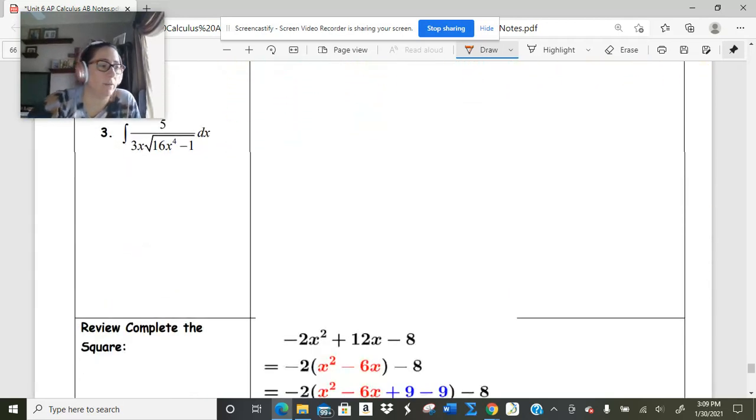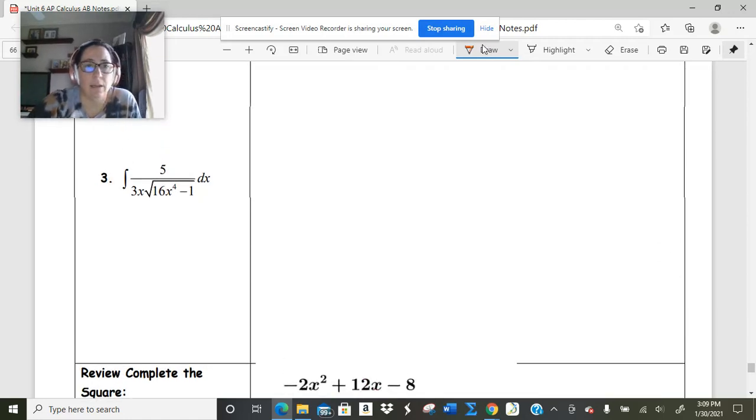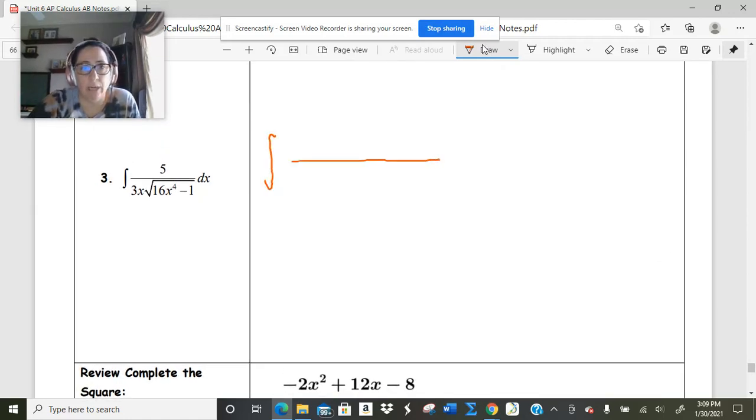Okay, let's look at number 3. When I look at this, I need to do a lot of rewriting. I always start with the inside of the square root. I can see that this is a 4x squared squared minus 1 squared is 1. Okay? The 5/3 seem very needless to me, so I'm going to go ahead and take them out.